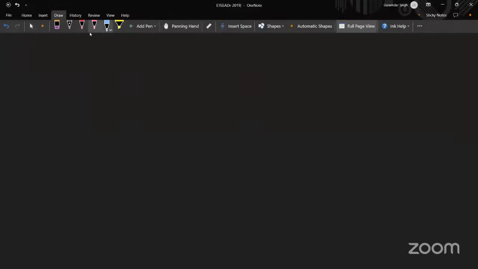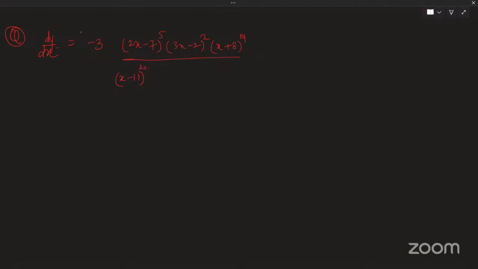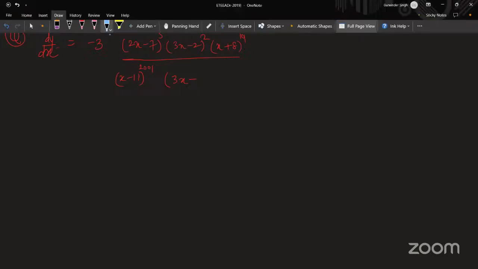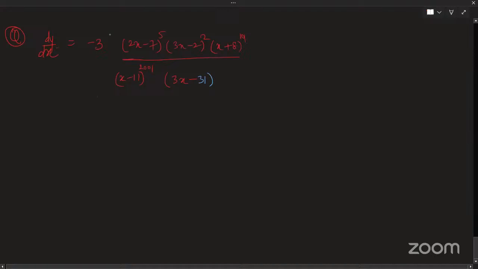Just for example, you have been given that dy by dx of a function is written as -3 into 2x minus 7 whole raised to 5 into 3x minus 2 whole square into x plus 8 raised to 101, whole divided by x minus 11 raised to 2001 into 3x minus 31 raised to 101.